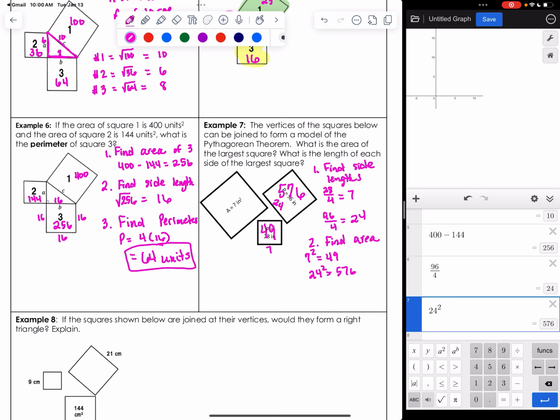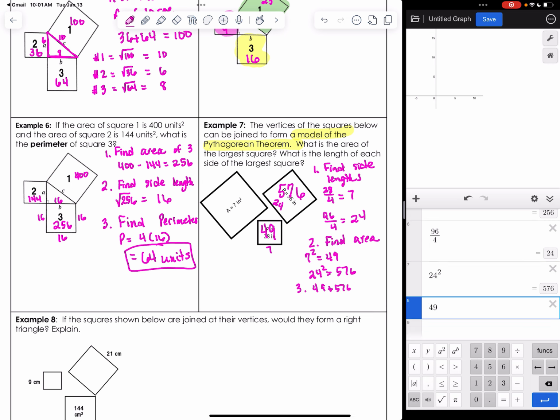Now, they told me in the original problem that these 3 squares can be joined to form a model of a Pythagorean theorem. That means that we can add these 2 areas together. So I can take my 49 plus 576 to get an area of 625.